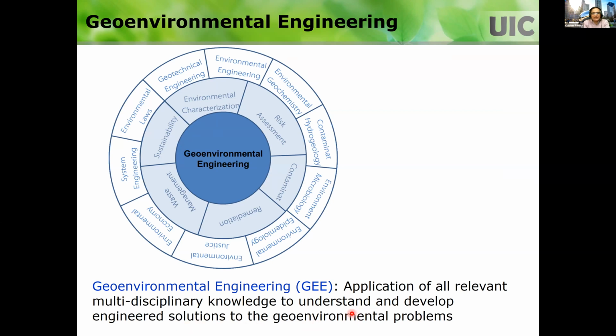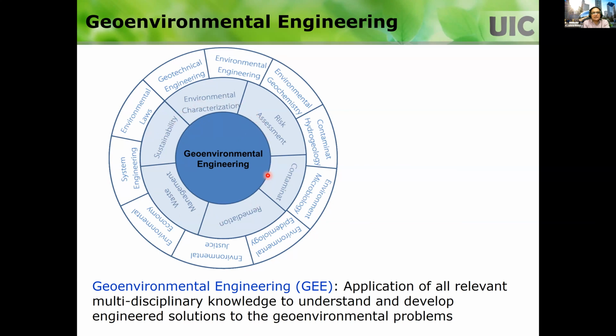It's not just applying the geotechnical engineering background, but it is all the background that is needed to really solve the geoenvironmental problems. So, I've shown you this circular diagram of geoenvironmental engineering, that basically deals with environmental characterization, risk assessment, containment, remediation, waste management, sustainability, right? These are the things that we are interested in.